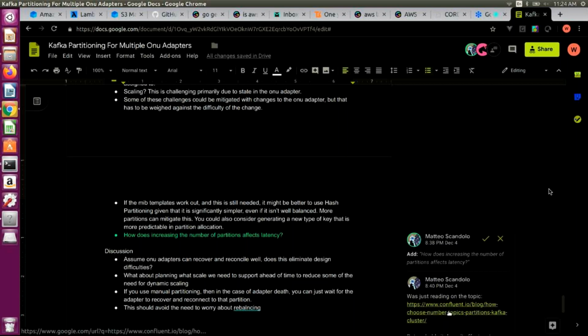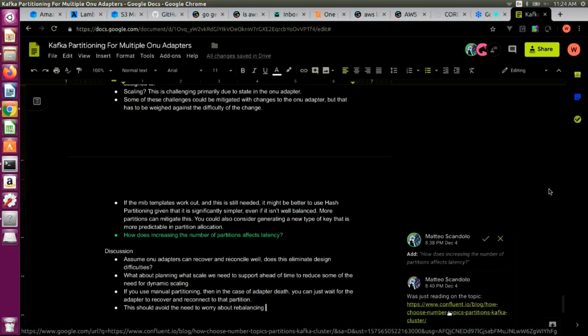Just to clarify, William, when you say rebalancing, you mean that we have two partitions and they are handling 20 devices each. Then we add two other partitions, and so we should have each partition handling 10 devices. Yeah, that's what I mean.